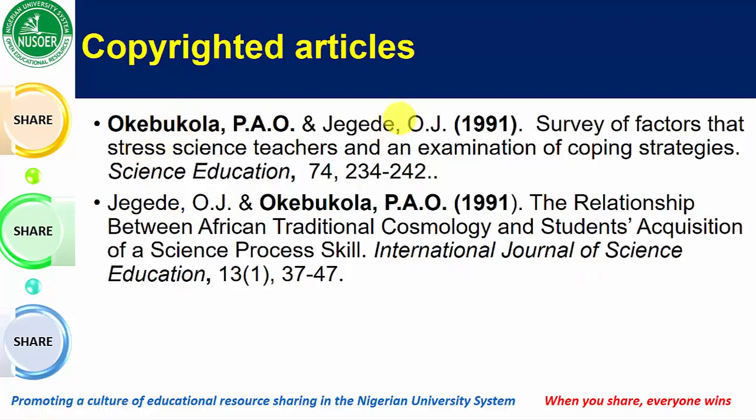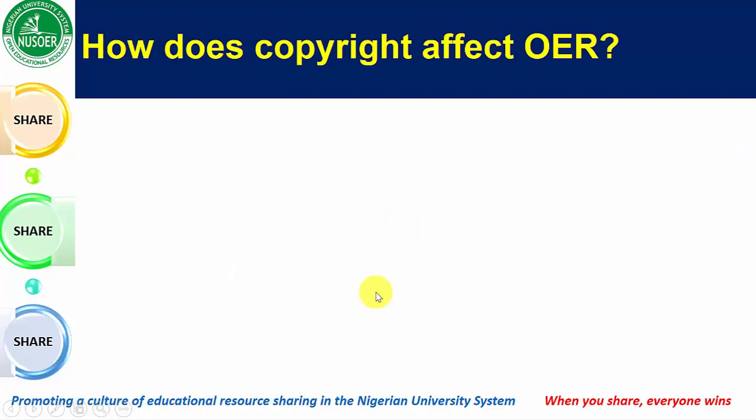We have ceded that copyright to John Wiley. So these are copyrighted articles, and they cannot be OER unless you ask John Wiley to release the copyright to you. So these are copyrighted articles, and we looked at copyrighted books.